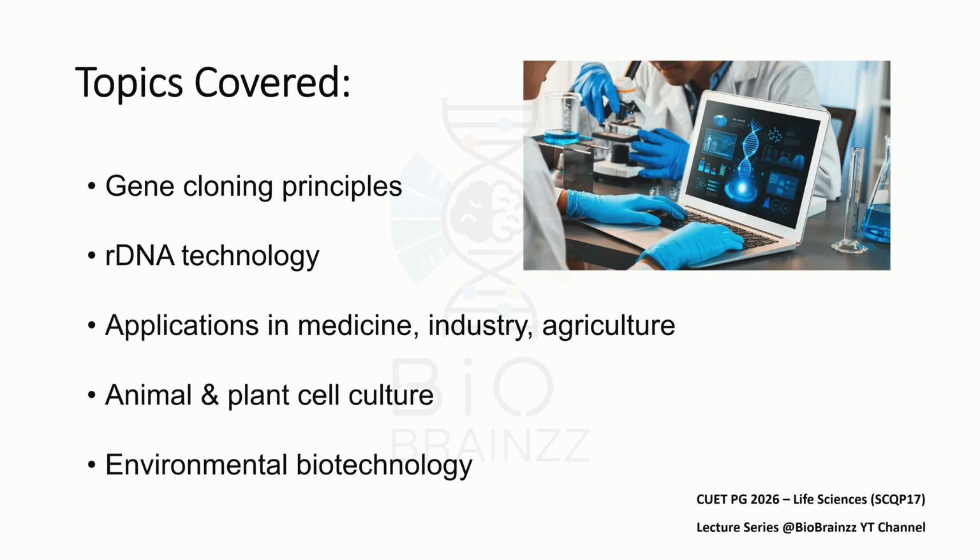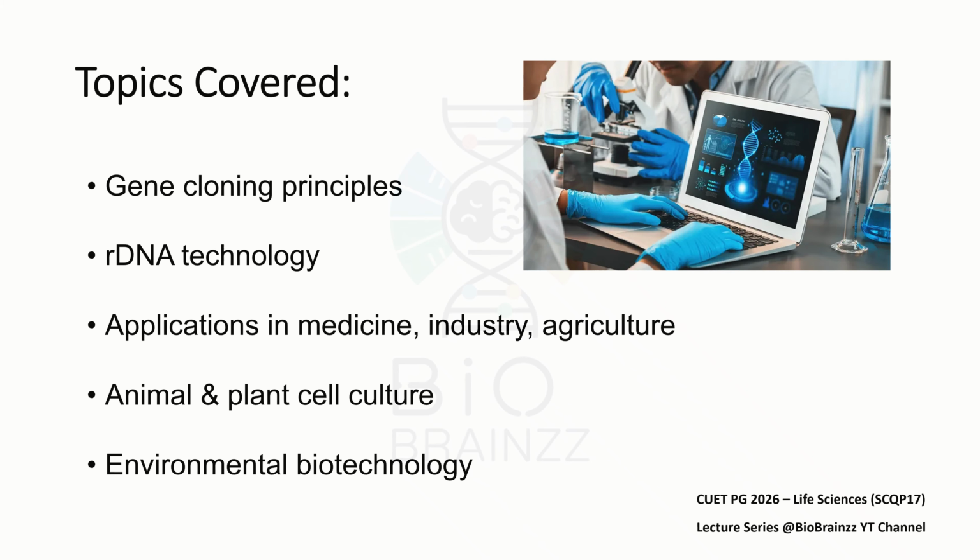In today's session, we'll cover the core pillars of biotechnology. We will begin with recombinant DNA technology and gene cloning, which forms the technical foundation of genetic manipulation. Then we will examine real-world applications in medicine, industry, and agriculture, highlighting how biotechnology transforms research into sustainable products.